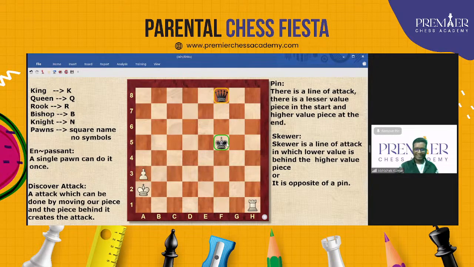So over here, the king is the higher value piece, and behind the king, we got the queen, which has 9 points, right? So again, we can imagine a line of attack over here in which we can see a higher value piece in front and a lower value piece at the back. How can we achieve skewer over here? Please answer me in the chat. How can we achieve this skewer?